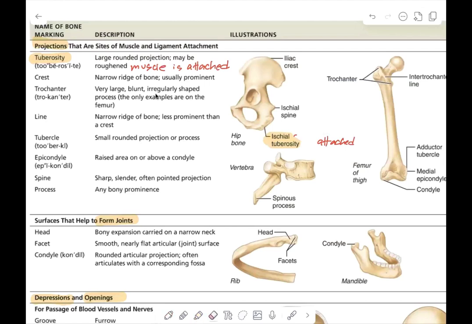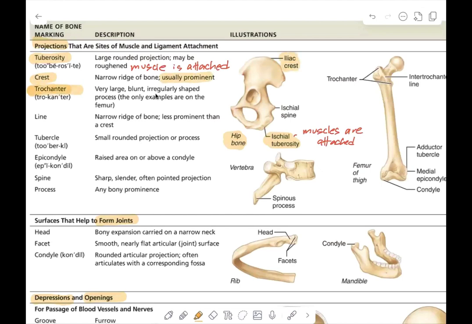Or I'll just even generalize that. It's just where muscles are attached. And that's on the hip bone. And this is the combination between the ilium, the ischium, and the pubis. We then have crests, which are usually prominent, like the iliac crest.